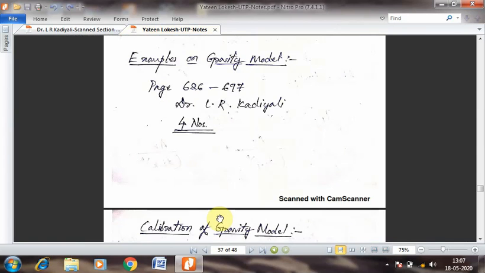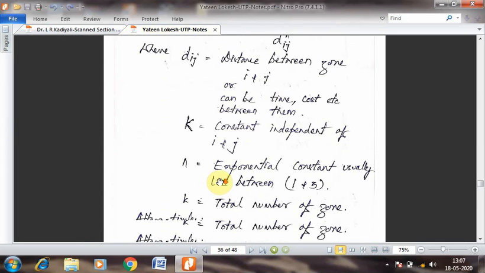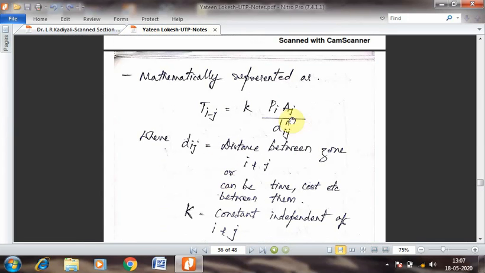Now it is known that the attraction between the zones is inversely proportional to the square of the journey time between zones. If you remember the equation which I had taught you, you can see this is the spatial separation between the two zones.